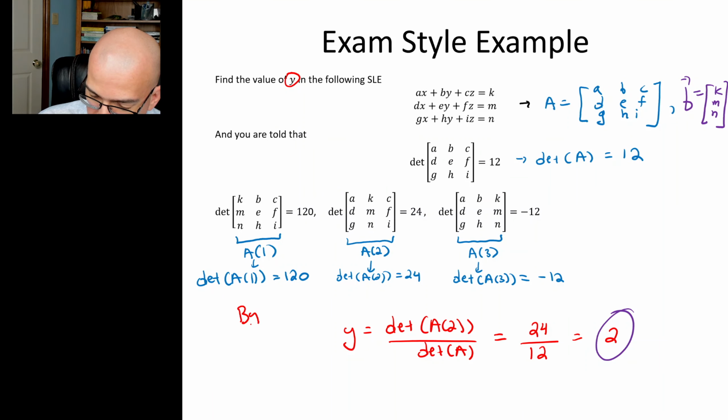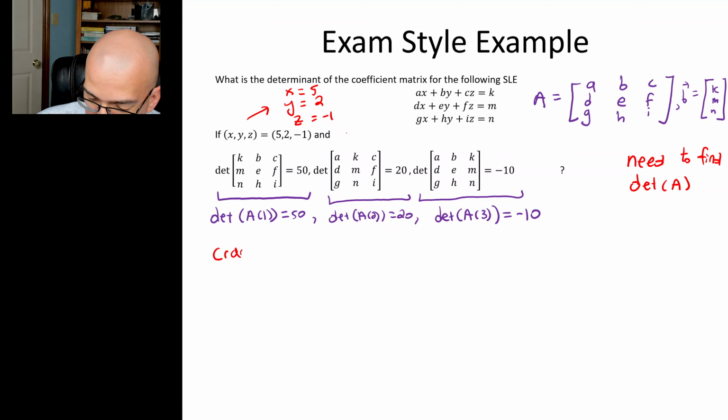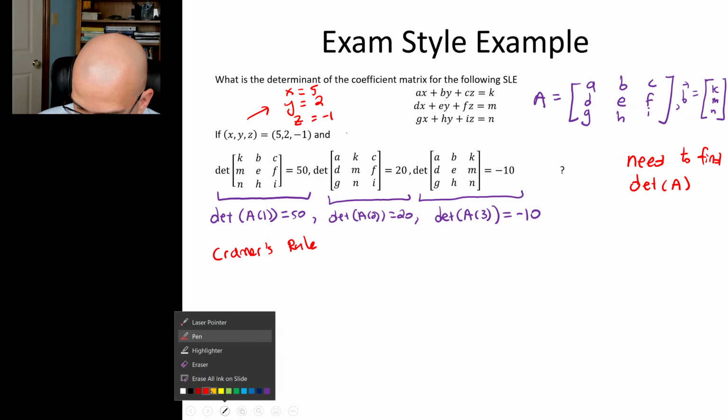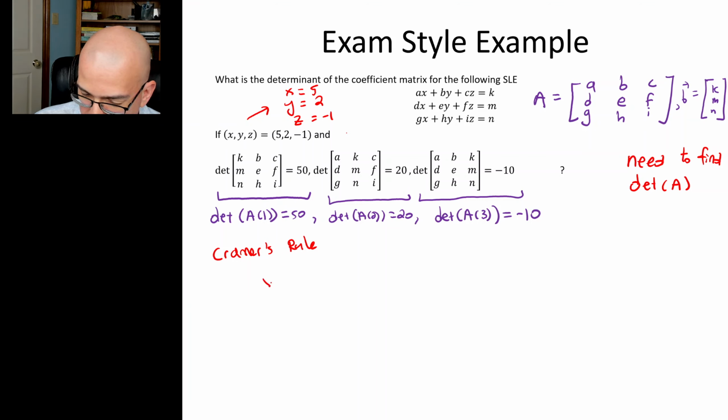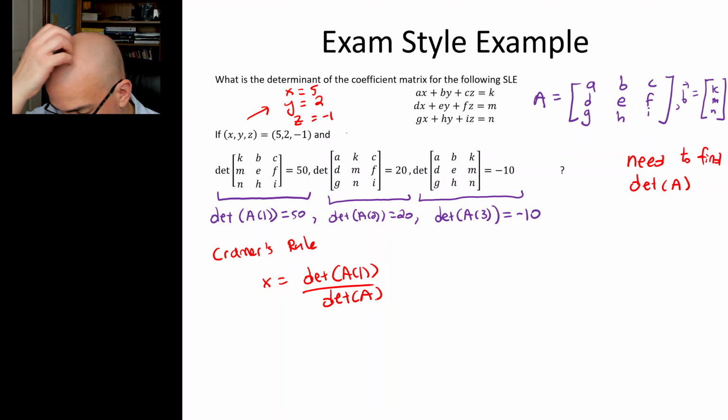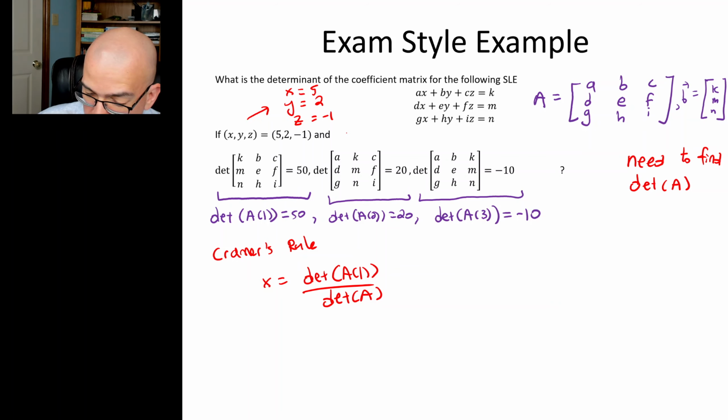By Cramer's rule, we have the following, that x equals the determinant of A1 divided by the determinant of A. So I'm going to put in our data.